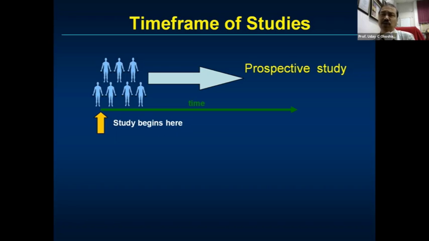Prospective study means you designed the study, you had a clear aim of the study before you began the study. What is the advantage there? The advantage is that if you know beforehand which question you want to ask the patient, it is more likely that you would have asked those questions carefully and recorded those data carefully.